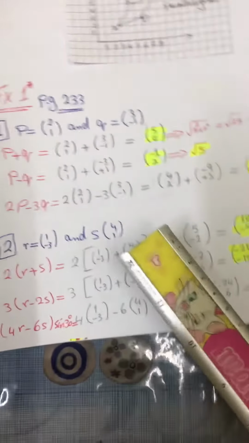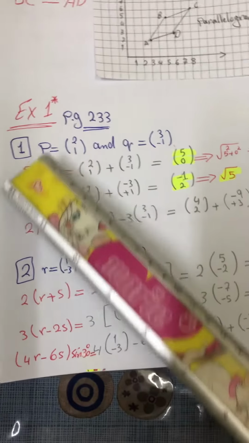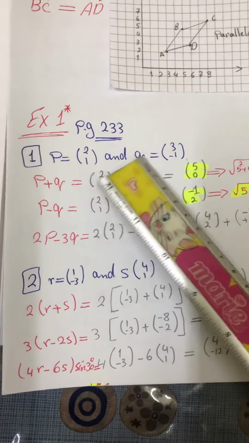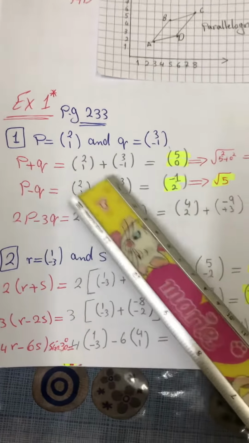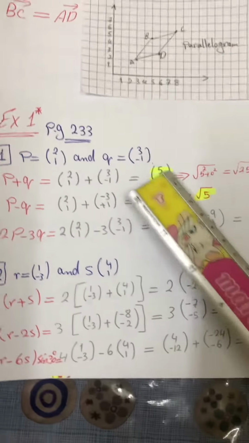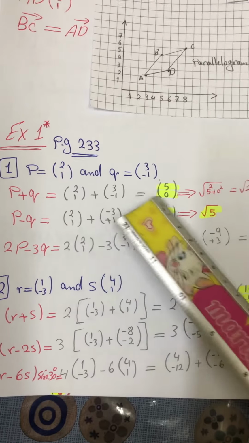As we solved in the last exercise, this is p (2, 1), q (3, -1). Regular addition: 2 plus 3 is positive 5, and 1 minus 1 equals 0.